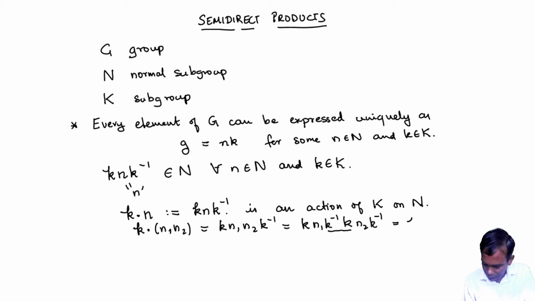So this is k dot n1 times k dot n2. Okay, so these are the features that we get when we have a group and a normal subgroup and this kind of unique factorization of elements.